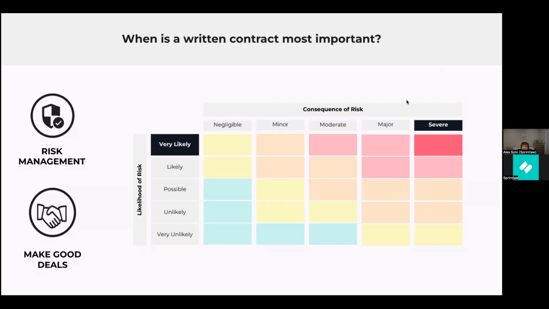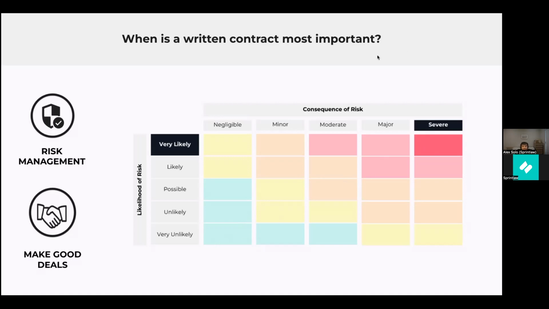But when you're a very small business, you're going to make sure you've got the red areas covered. You're going to make sure you've got contracts for that stuff. As you get a little bigger and can afford to have some more comprehensive risk protections, you might push through to the orange areas. And then large organizations are doing the yellows and greens, and they'll be getting things in writing for most arrangements that they have. So that's how you might think of it in terms of your budget and scale.